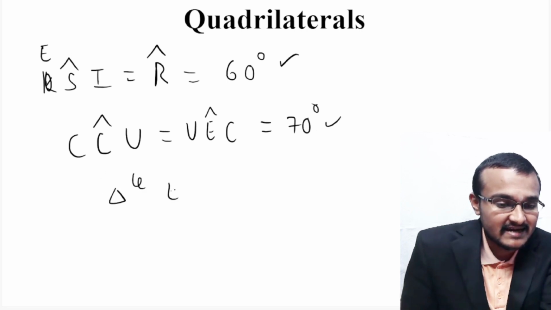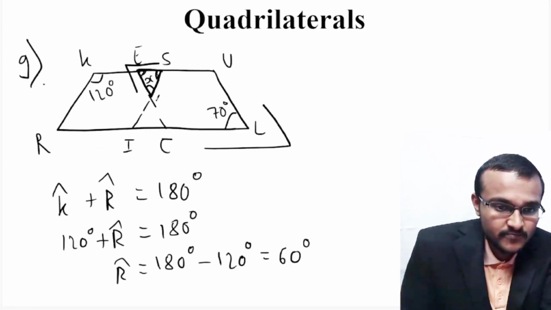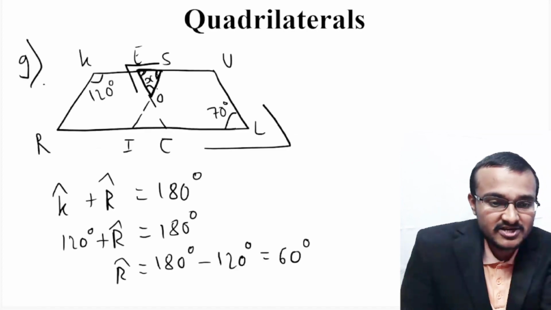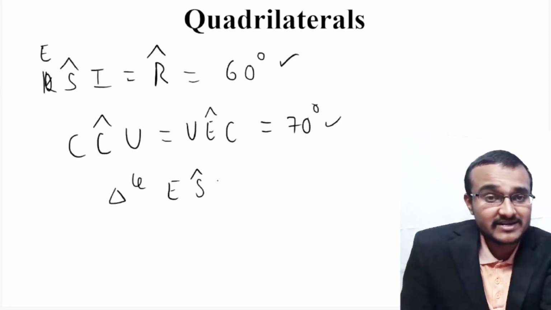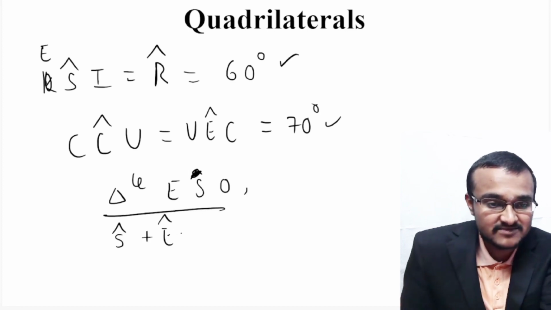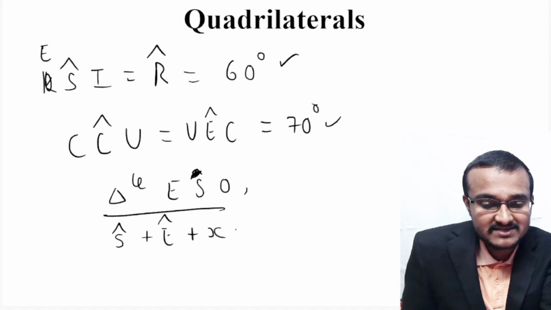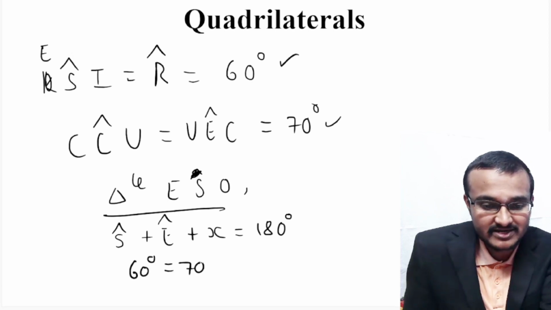In this triangle, we can name this point as O. So in this triangle EOS, we know that if you add all interior angles of a triangle, that should be equal to 180. So in triangle ESO, angle S plus angle E plus X should be equal to 180 degree, because the sum of interior angles of a triangle is equal to 180 degree. So S is 60 degree, E is equal to 70 degree. So 60 degree plus 70 degree plus X is equal to 180 degree.